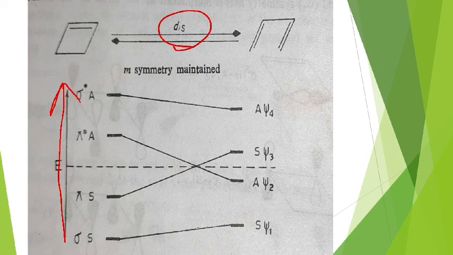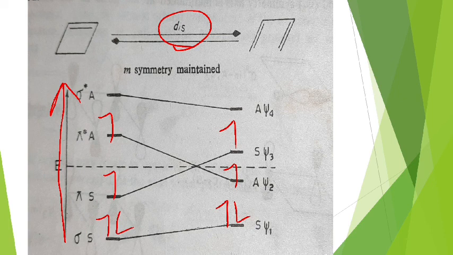In the first excited state of electronic configuration, the electron in pi orbital is excited to pi star orbital. This is the first excited state molecular electronic configuration in cyclobutene. Similarly, in the first excited state of butadiene, the electron in psi2 orbital is excited to psi3.